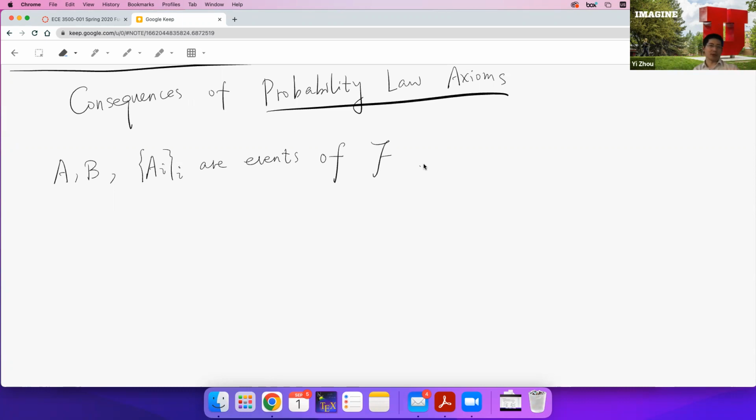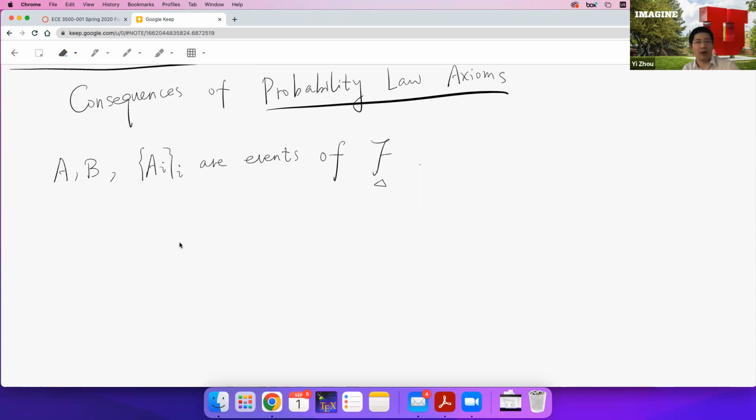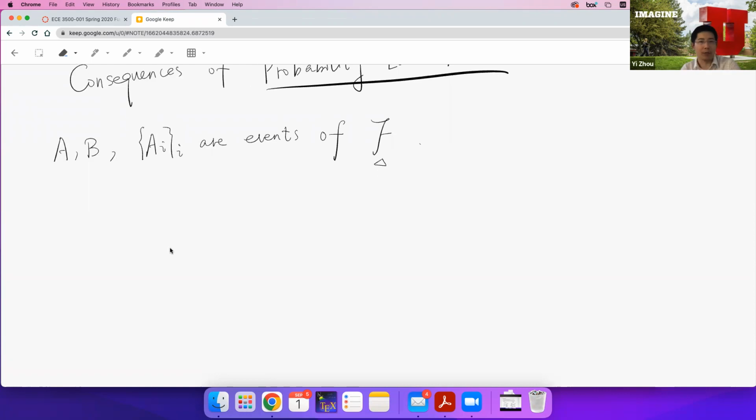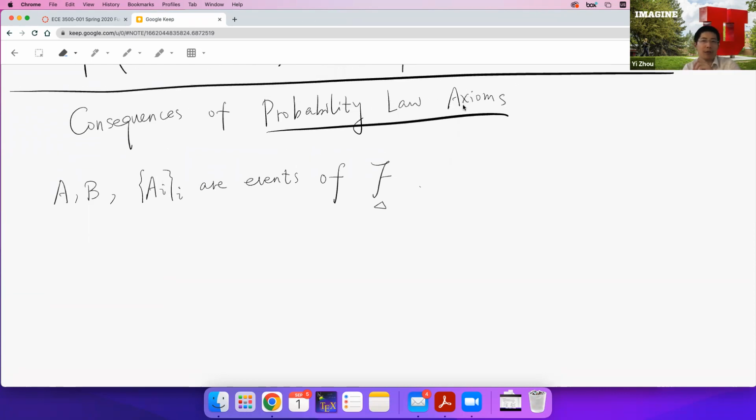Now you have that big omega set. From that big omega set, you consider some sigma algebra of events. And then let's consider some arbitrary events that we picked from that sigma algebra. Now, based on the axioms of probability law, we can have several useful properties.